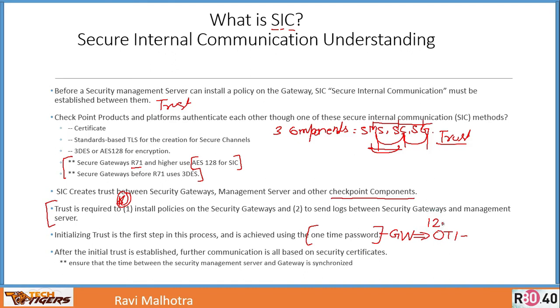We used 1 2 3 4 5 6 7 8 9 as the one-time password. This is also known as the activation key. After the trust is established, all further communication is based on the security certificates.